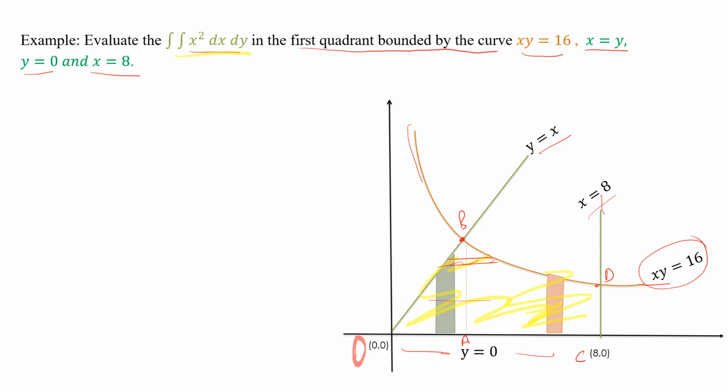So you cannot get the region by taking a single strip either with respect to y or with respect to x. So first we divide the complete region into two parts.